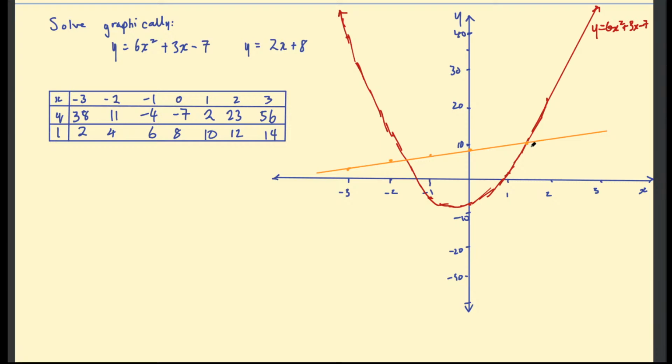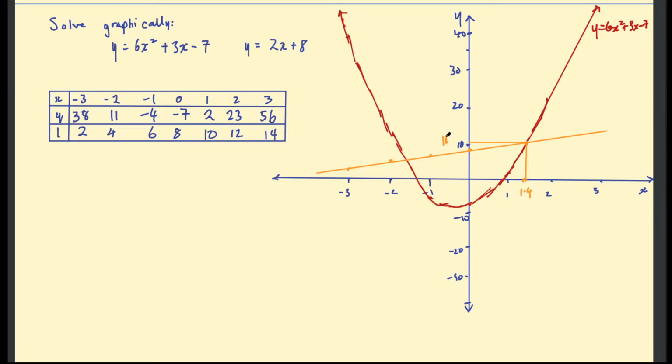So on this rough diagram, I've got about, I don't know, maybe just less than 1.5, maybe 1.4, and then y, what would y be? Well, it's less than 12. Maybe, well, let's just say 11.